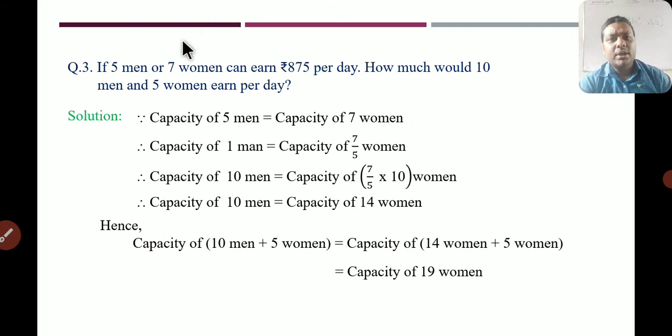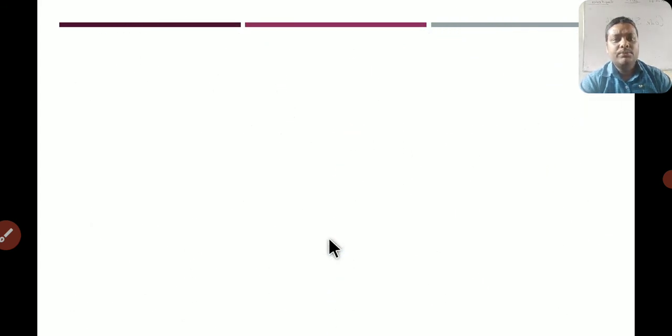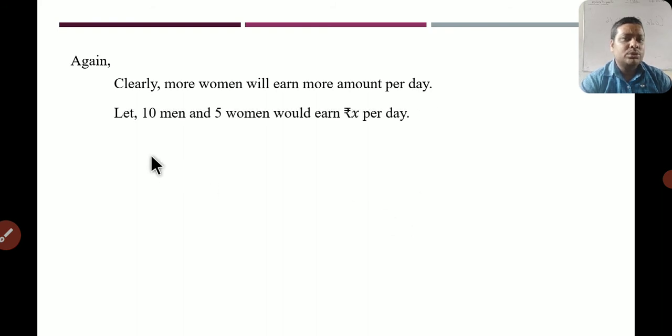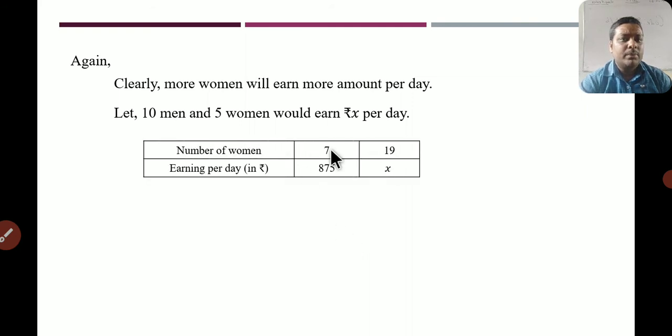Okay, so now from the first line we can take the point that we have taken women now. So we can say since 7 women can earn rupees 875 per day, clearly more women will earn more amount per day. So it is directly proportional. So 10 men and 5 women would earn rupees X per day. Now number of women 7, then earning per day 875. Now if the number of women is 19, then what will be its earning per day?